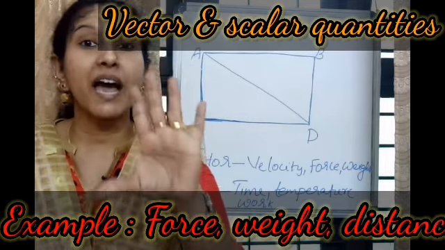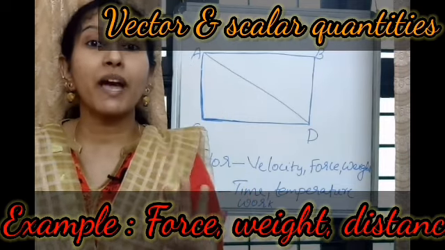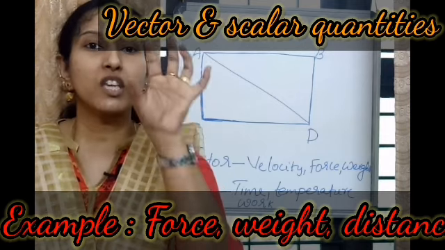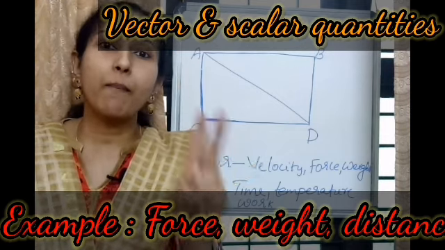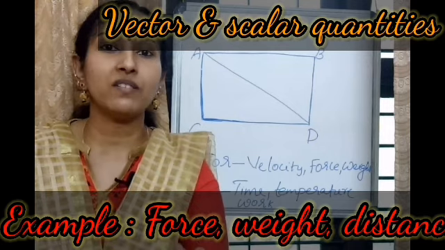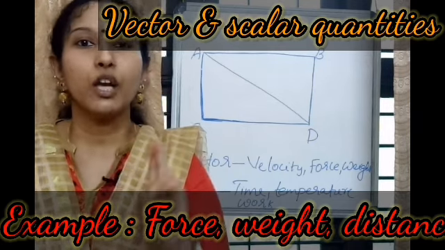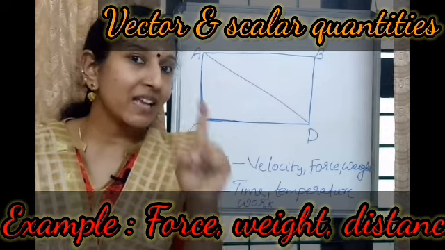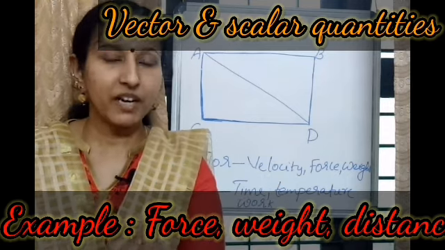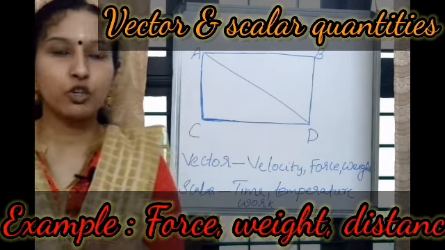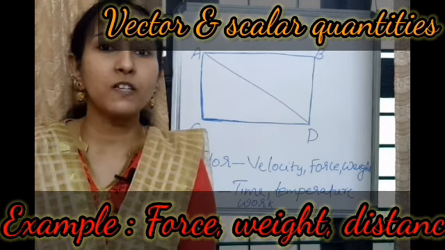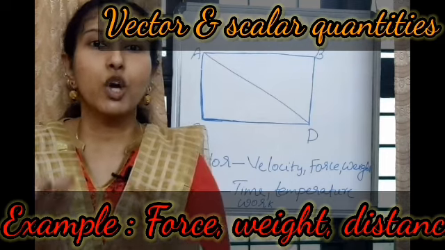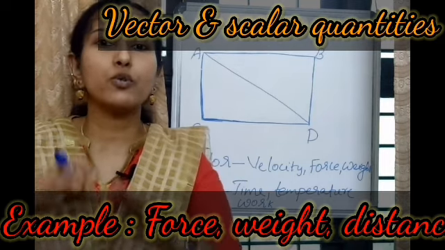If a quantity has both magnitude, meaning the number 2, and direction, it is a vector quantity, like 2 Newton force in the forward or backward direction. And weight: for example, a person's weight is 50 Newton. Our body always exerts force downward.